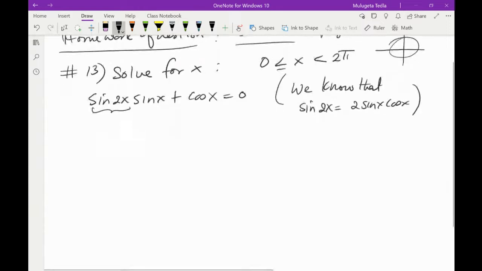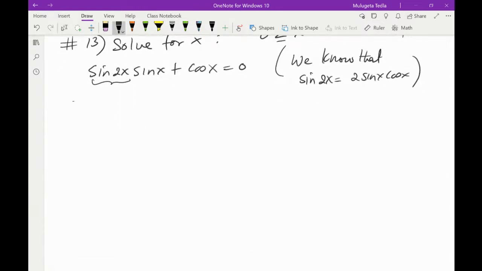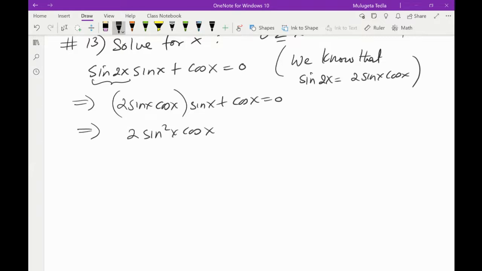This is something we learned from section 3. And then sine 2x is 2 sine x cos x, and there is a sine x multiplier there, plus cos x equal to 0. So, in other words, this is 2 sine squared x cos x plus cos x equal to 0.